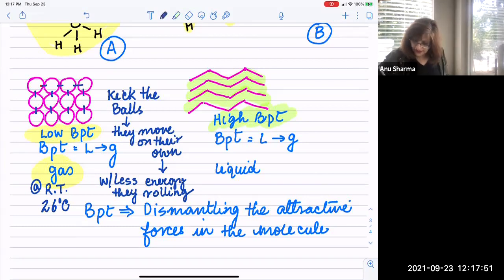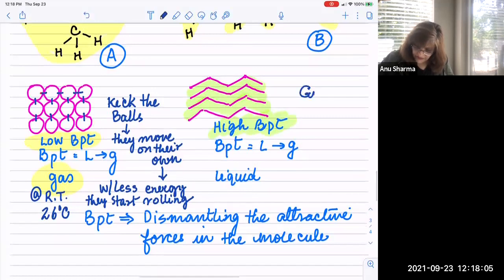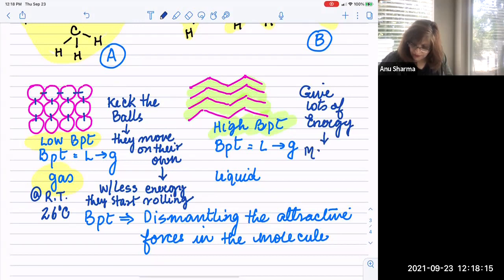With less energy, they start rolling. And here you need to give lots of energy so that the mattresses can be removed.